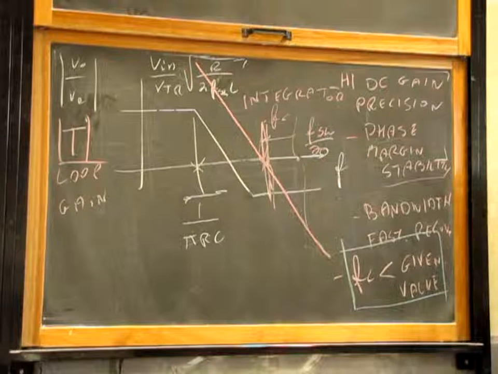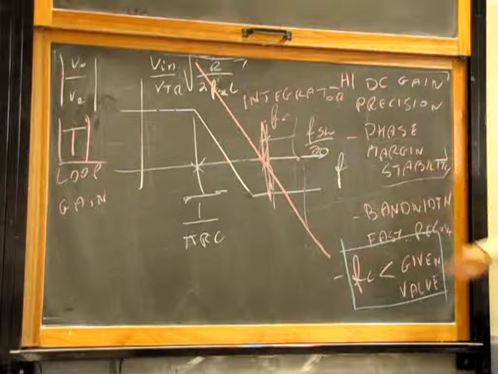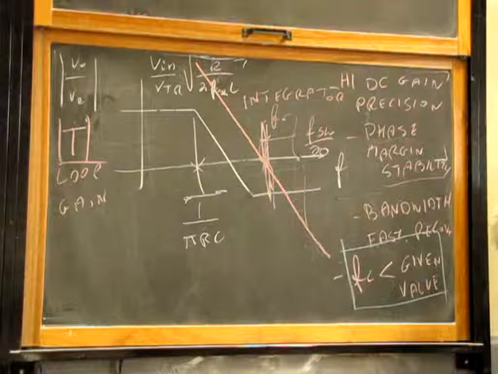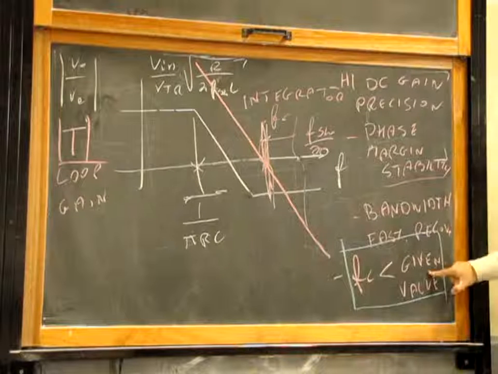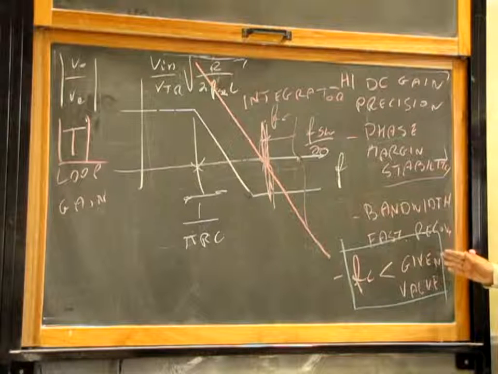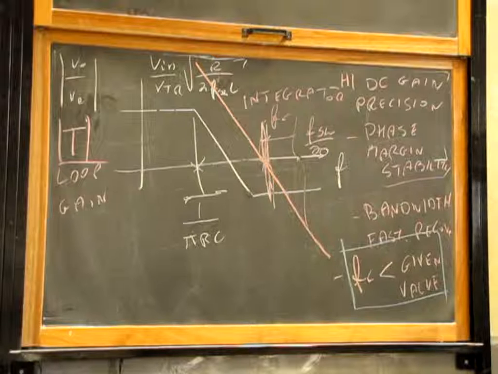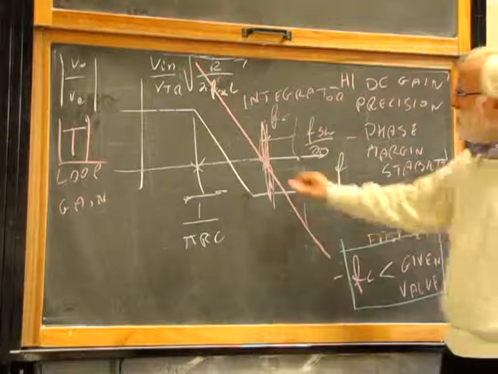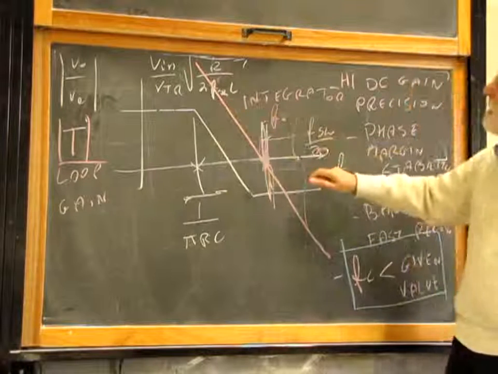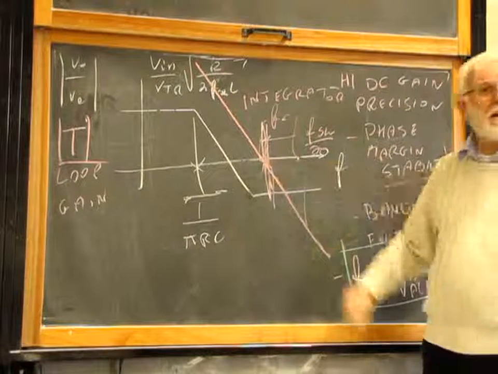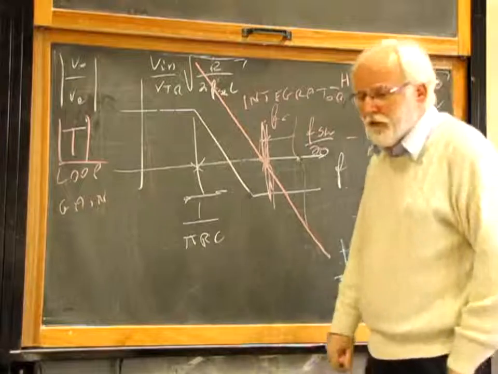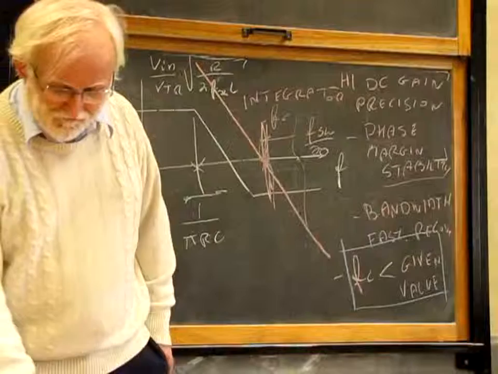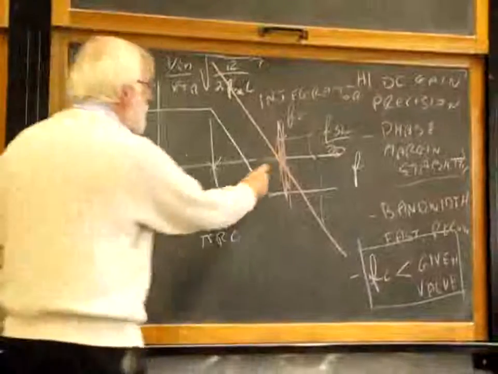So, bandwidth. Oh, this is a critical point. I want to have this crossover as high as possible, but not higher than this limit level. So, in order to find the controller, the compensator, to design my circuit that gives me this red bandwidth, I have to check what is the worst case for the maximum crossover frequency.